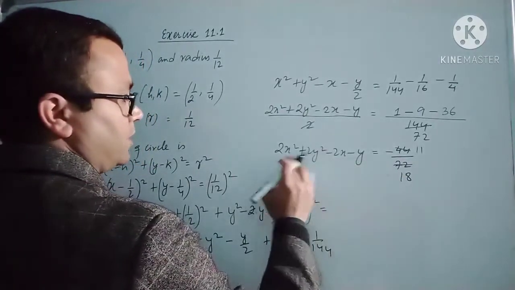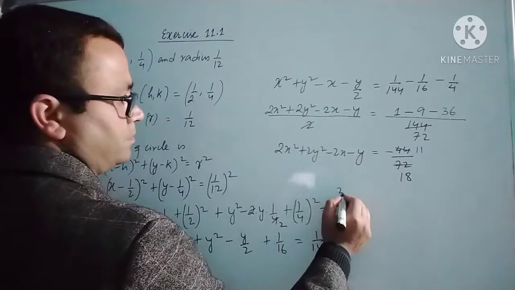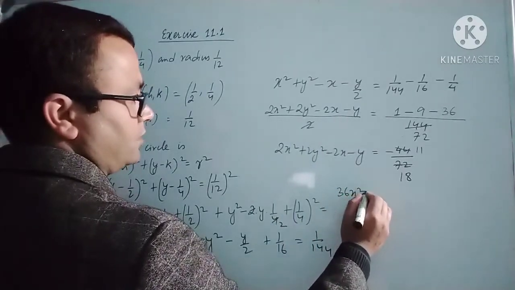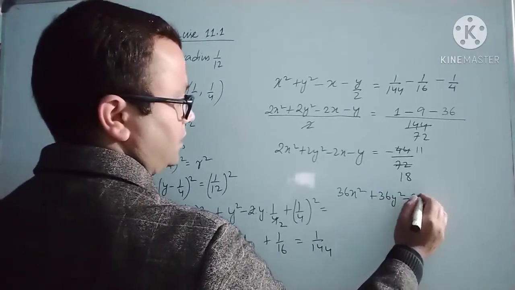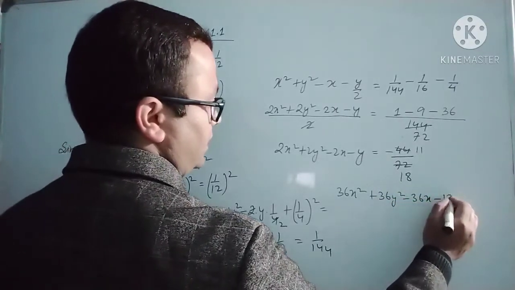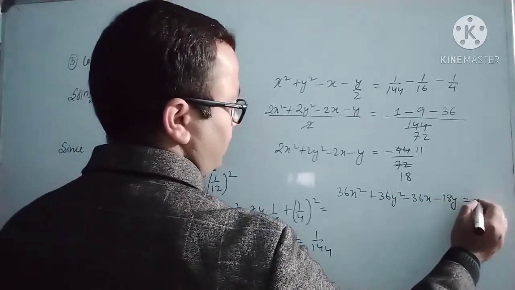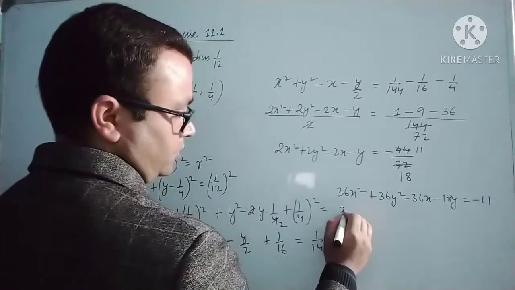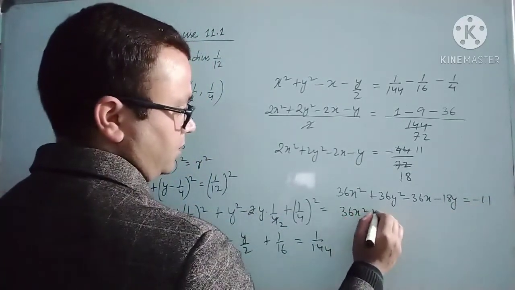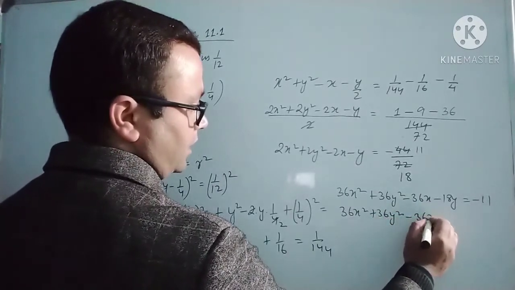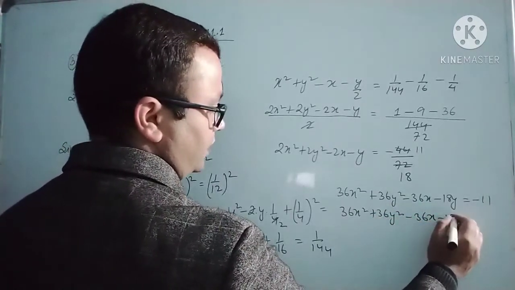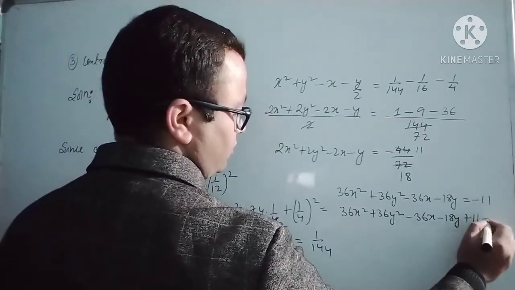Now cross multiply by 18: 36x² + 36y² - 36x - 18y = -11. So 36x² + 36y² - 36x - 18y + 11 = 0.